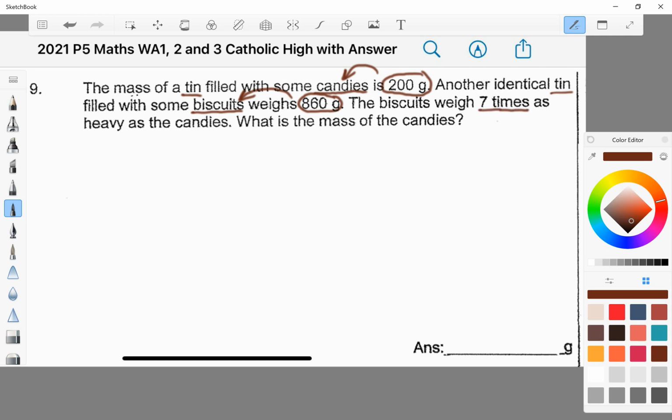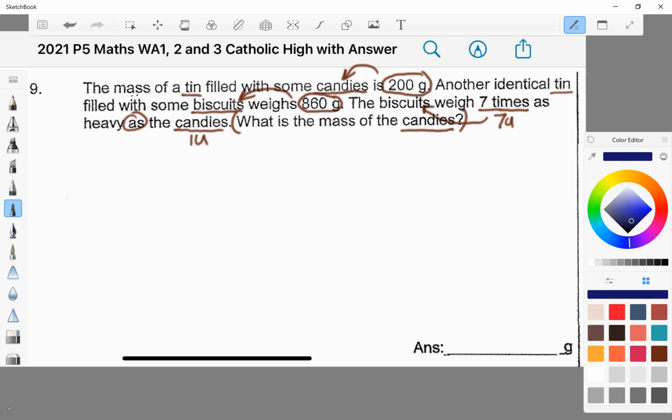So 7 times to me actually means 7 units, and I'll point at the biscuits. As for the candies, I know that they represent 1 unit because candies appears after the second S in the sentence. So the actual question wants us to find the mass of the candies.